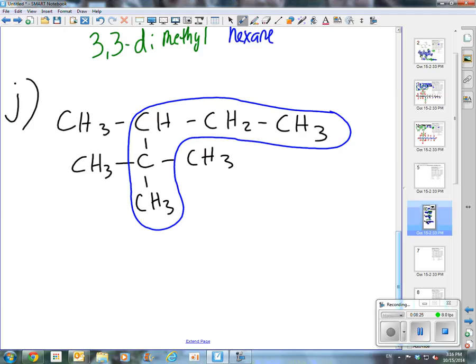So now I'm going to number this to make sure that my branches are on the lowest possible carbons. So 1, 2, 3, 4, 5. So this is a 5 long parent chain. It all has single bonds, so my parent chain is pentane.